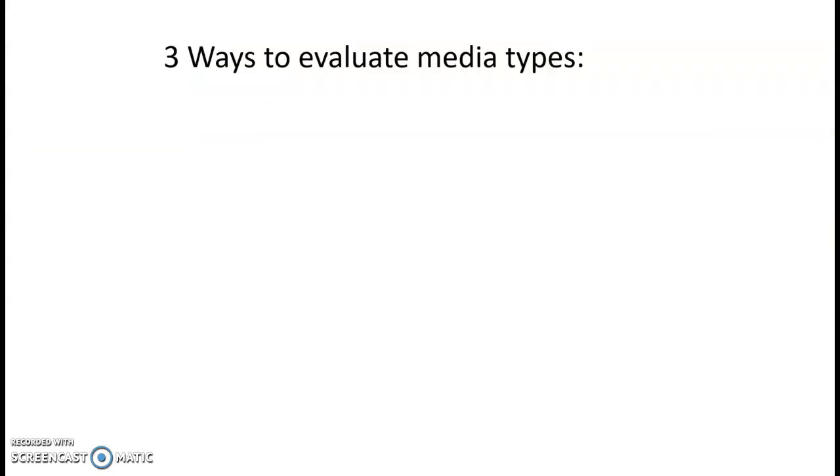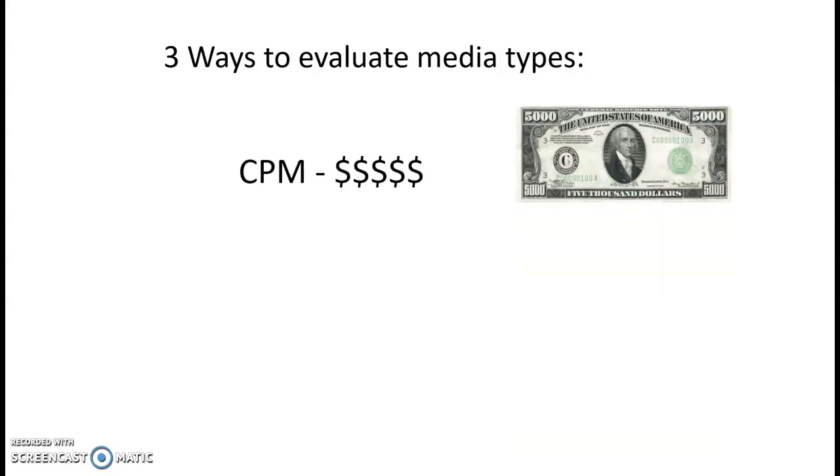Now let's kind of go back. We're coming to the end of our discussion on print. You'll remember that there are several key ways we use to differentiate media types and to evaluate them. One is just a cost basis, and the way we equalize cost is how much does it cost for 1,000 impressions?